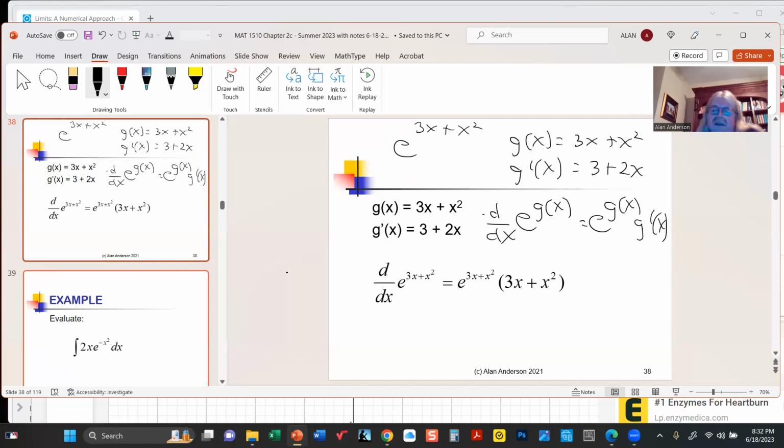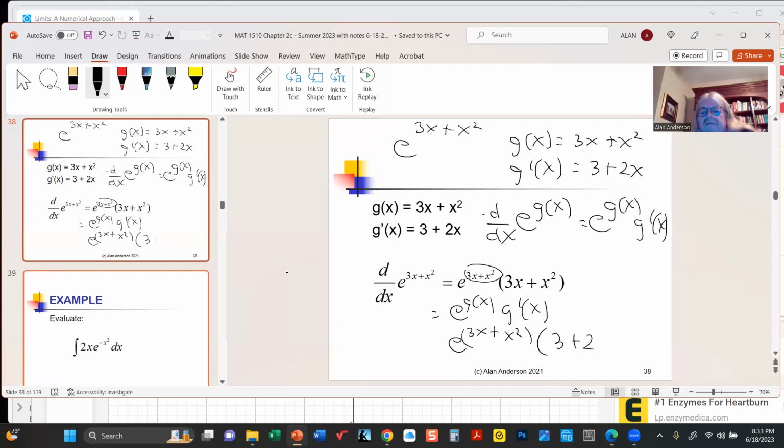So that's going to give me e to the 3x plus x squared times 3 plus 2x. And again, this is all a consequence of the chain rule.